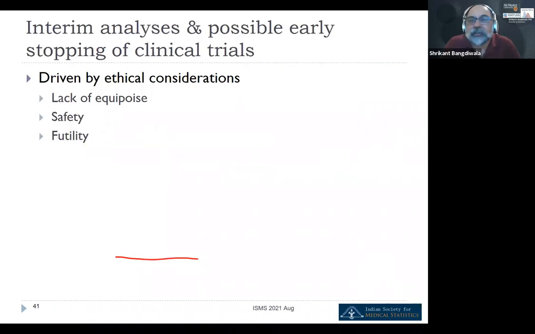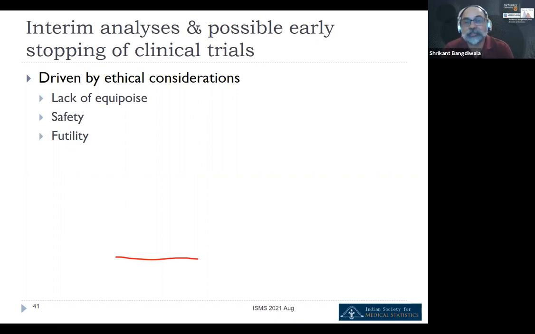So the last thing I want to talk about is a consideration in clinical trials. And that is that, as I said at the beginning, we often do not have the luxury to wait to do the analysis at the end.